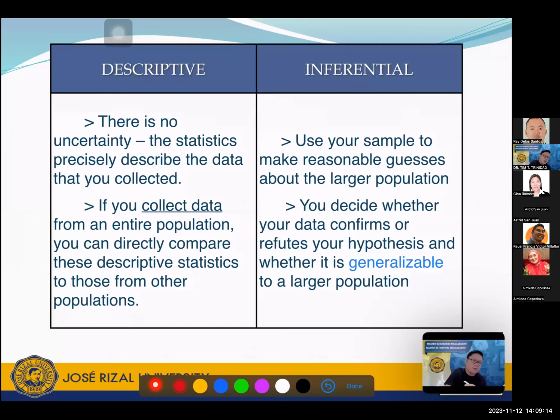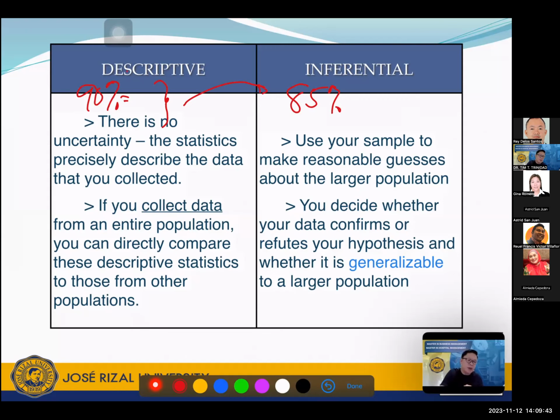Like for example, pag nakuha natin, average scores niyo sa exam is 90. Alam na natin yun na 90. Hindi na natin i-prove if yung ibang klase na nakakuha ng 85 are different or baka naman parehas lang. That is your inferential statement.